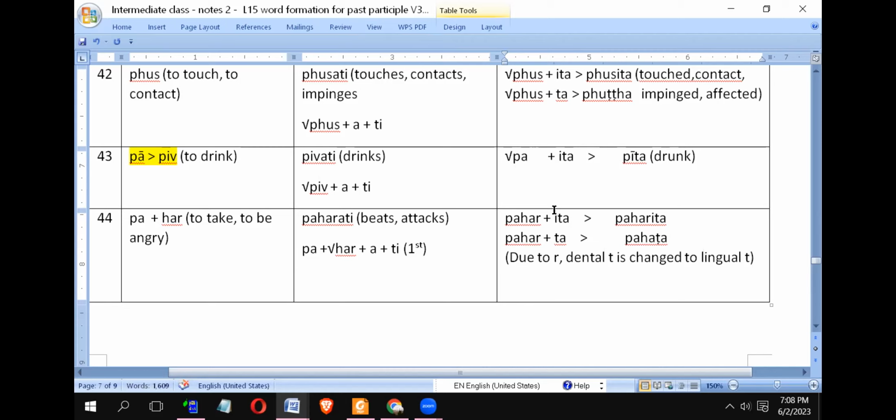Not difficult. But of course, you have to remember paharita and pahata. You have to remember these two.